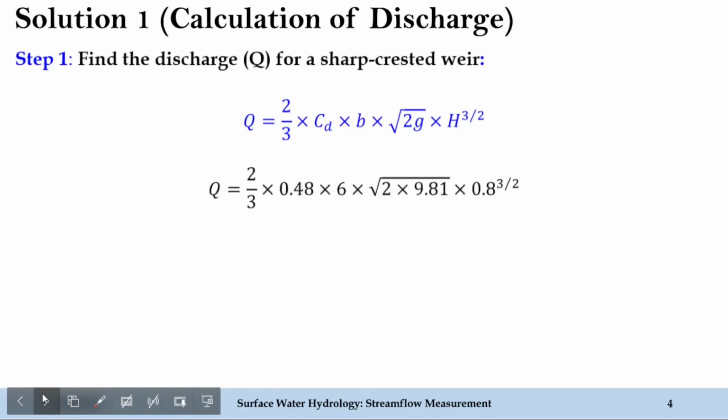Substituting all these values from the problem, that is 2 by 3 into 0.48 into 6 into under root 2 into 9.81 into 0.8 power 3 by 2, you will get the discharge value as 6.08 meter cube per second. This is the final response for such a problem. This was a very easy problem where mere substitution of the values provided in the problem into the equation gave us the final response.